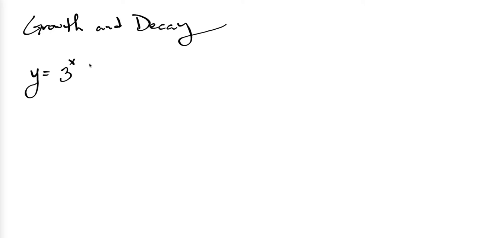Actually, virtually none of the things we're going to be working with are going to be negatives. Or negative answers, I should say. So growth and decay is only different in that your answers get larger, and decay means your answers get smaller, not necessarily negative. But that's good reasoning.